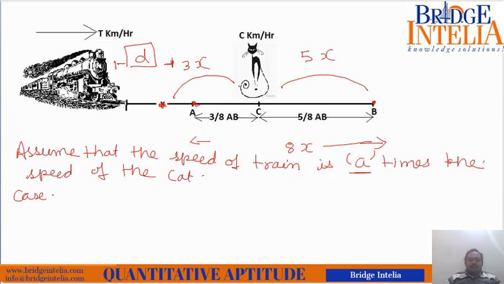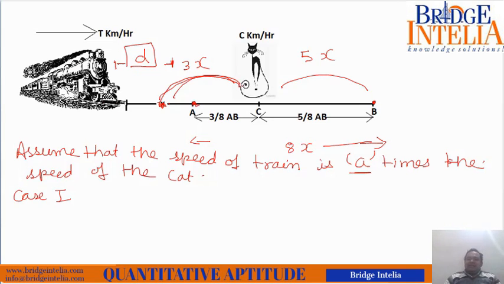Case 1, when the cat is using this strategy, this exit. In the time the cat travels 3x, the train travels D, because both have to meet at the entry point.